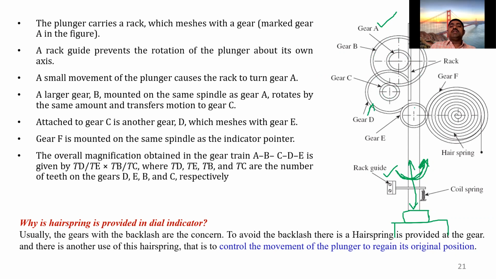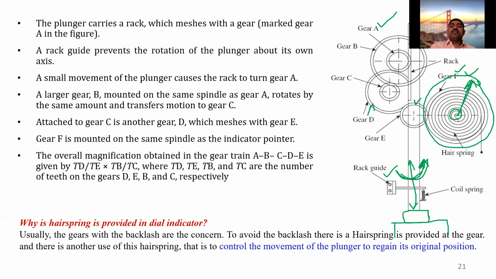And this gear D is connected to gear E, and gear E is connected to gear F. At the center, on the same shaft, the indicator pointer is connected. Whatever movement gear F gets is given to the indicator. That indicator shows the reading on the dial.